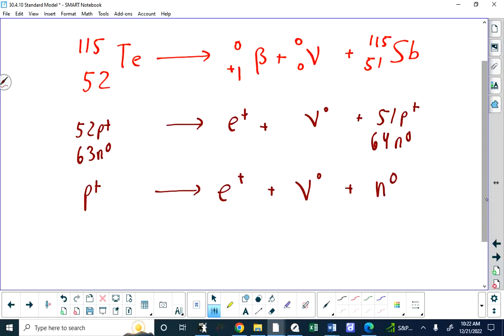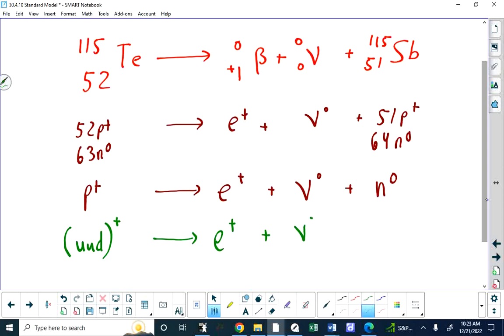And don't sell yourself short. That's a pretty deep explanation as to what happens during positron decay. But we can go deeper, because a proton is an up-up-down quark combination, which adds to give positive 1 for a charge. We have a positron, which has a charge of positive 1.